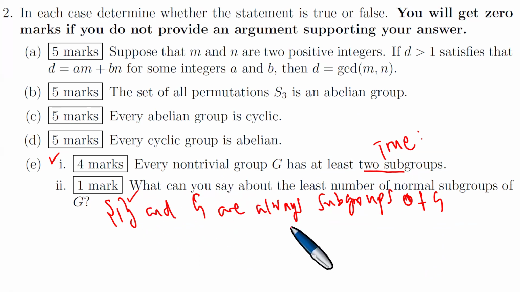Every non-trivial group has at least 2 subgroups: the trivial subgroup and the entire group G.